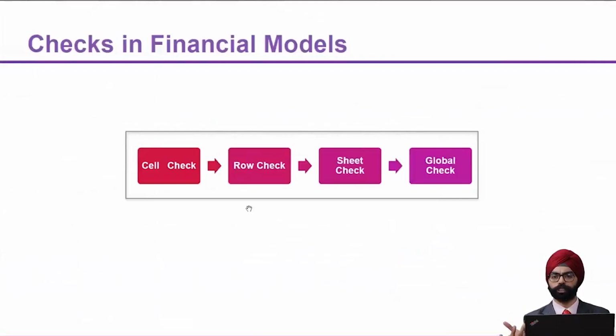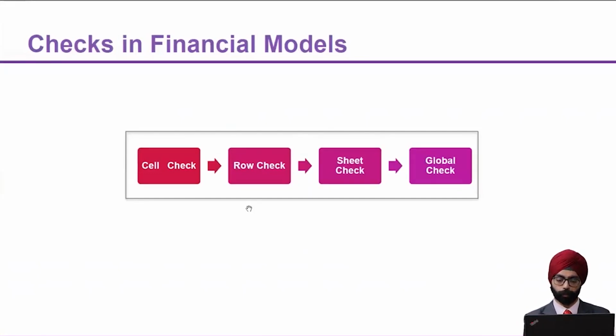Now, what is a row check? Typically in a financial model, we work for so many financial years. We could have the next 5 years, next 7 years in terms of projection. So for each and every year, we would have a check, and then we can summarize those checks together. That is precisely called a row check.